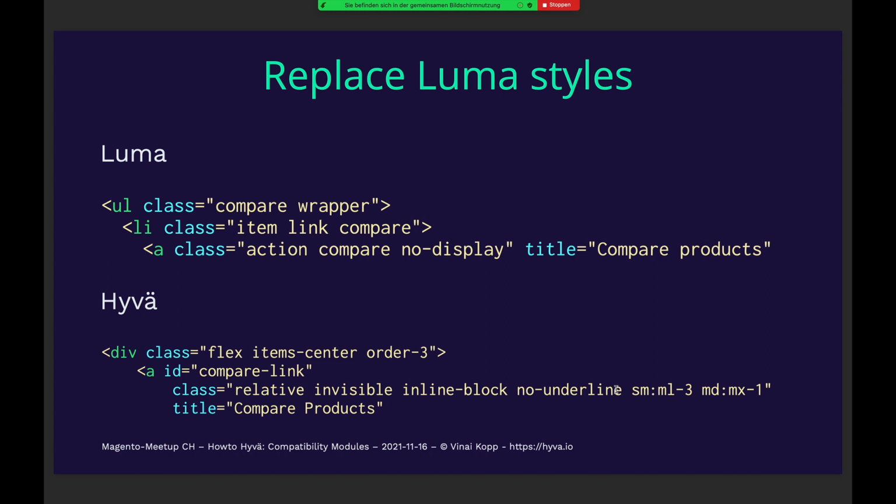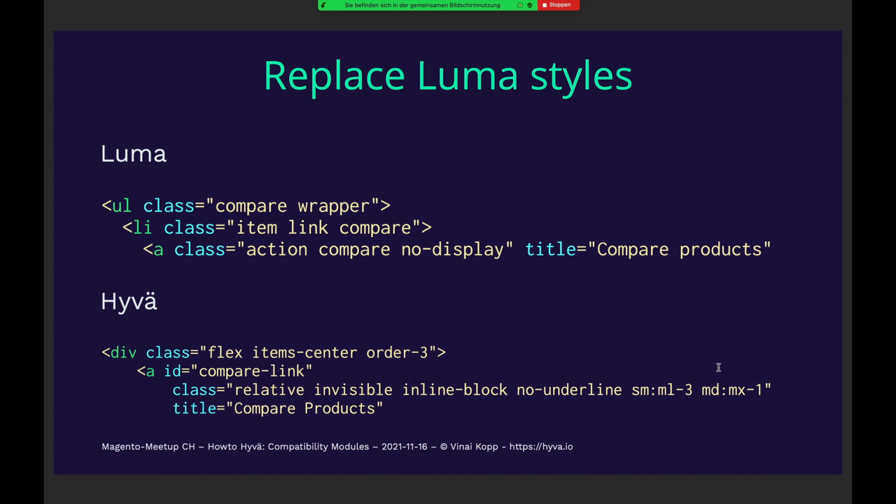And the big benefit of using a utility class framework like Tailwind is that because the same classes are reused again and again and again on every page, the CSS file that gets generated, at one point it starts peaking and it doesn't grow anymore, even if new pages are added, because it's just the same classes being reused in different combinations.